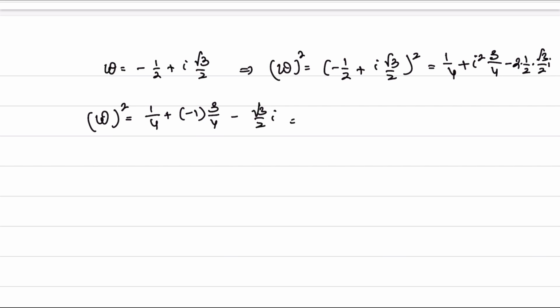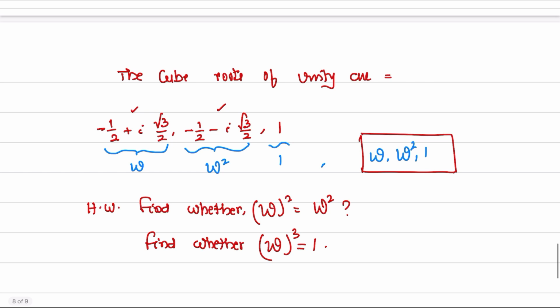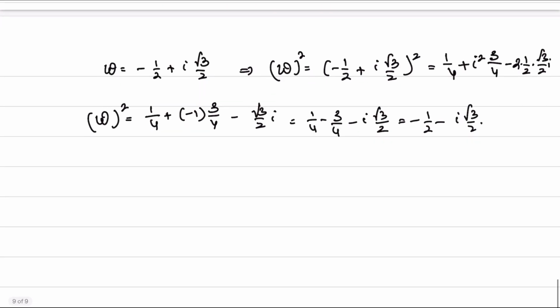That is equal to 1 by 4 minus 3 by 4 minus i into root 3 by 2. That is equal to minus half minus i into root 3 by 2. Which is nothing but what I have given this value, omega square. Hence, omega whole square is equal to omega square proved.